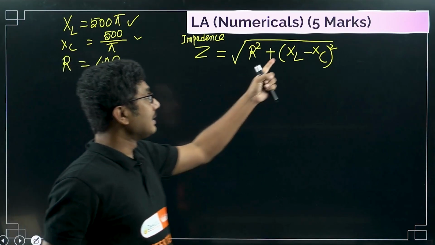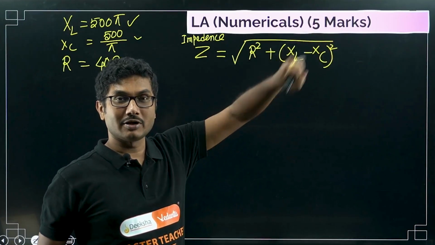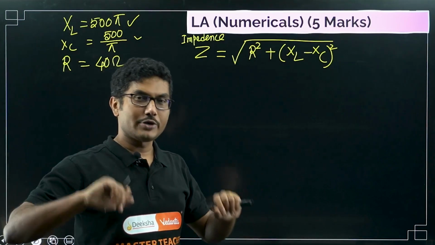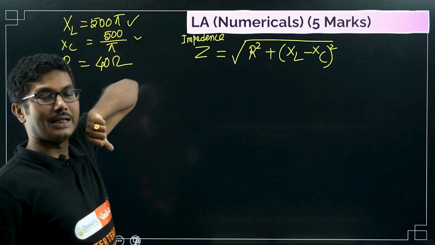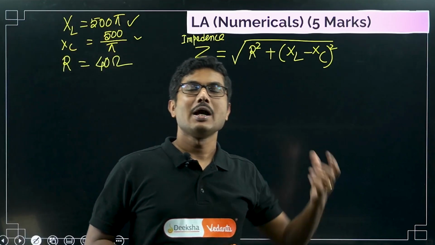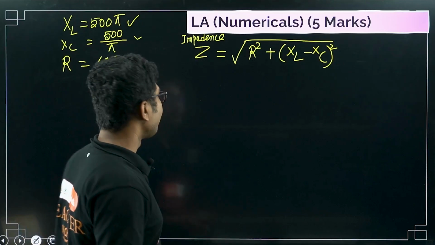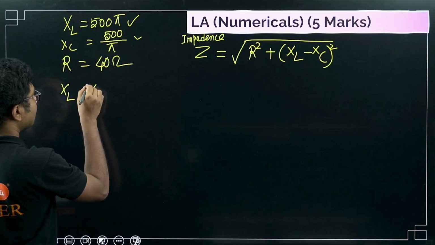But because they have a square outside, it does not matter whether it is XL minus XC or XC minus XL. So what you have to do is calculate XL and XC, then subtract the lesser value from the greater value. Understood? For example, here we will do XL minus XC.